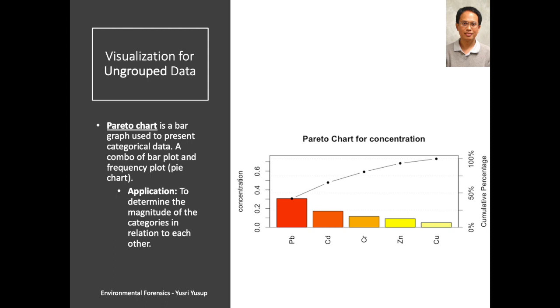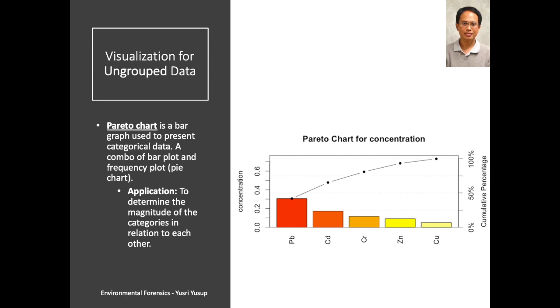But in other situations where there is a large difference between one value and the next, you would see the line increase greatly between two categories. For example, here we can see for lead and cadmium that the slope between the two points is steeper than the slope between zinc and copper.